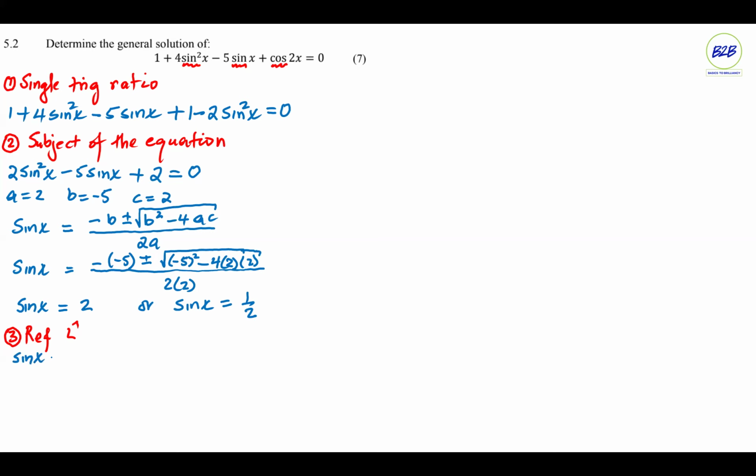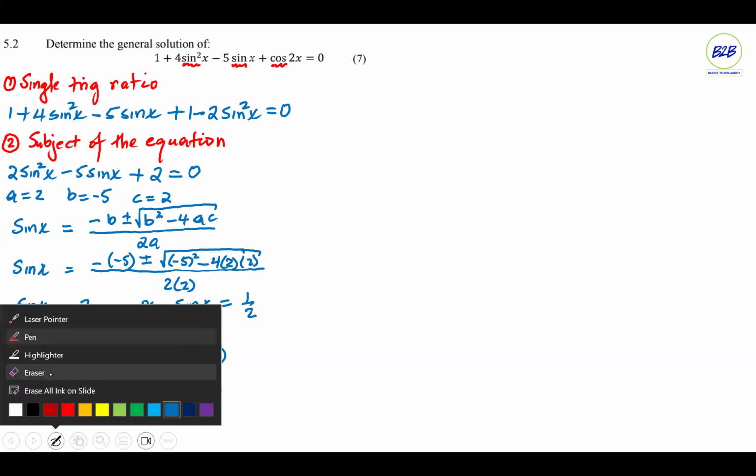So we have here sine of x is equal to 2. If we want our reference angle, then we will say reference angle is equal to shift sine -1 and then you substitute 2. And then you press in your calculator, you should find that you get undefined, which is an error.